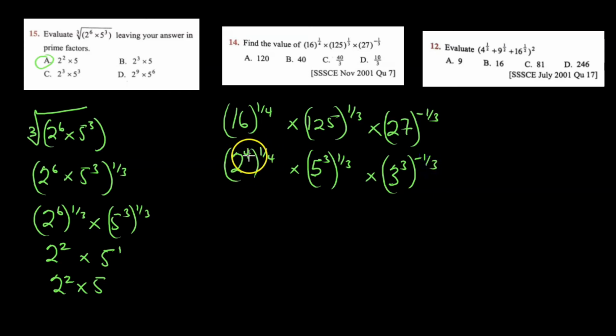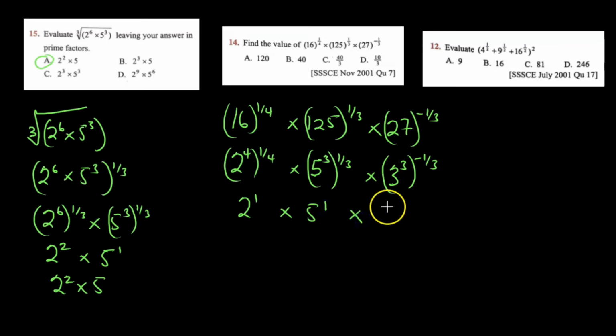Now for multiplying, you see we are using the third law here, which is for exponential functions. So if you have a bracket separating two powers, then it means you can multiply. Then 2 to the power 4 times 1/4, which is the exponent, will be left with 2 to the power 1. Multiplying 5, 3 multiplying 1/3 will also be left with power 1.